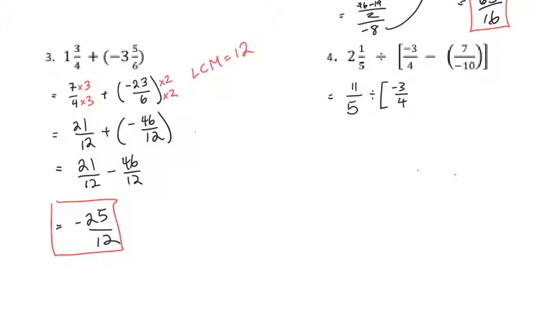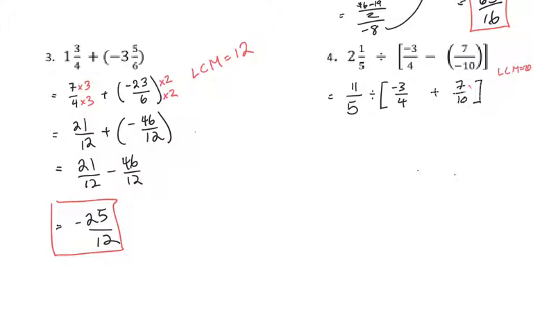You'll notice that we have a plus and minus in this complex here. We have a minus in this complex and a minus sign in between these two brackets. We can put these two together to get plus 7 over 10. Now, for inside the bracket, the LCM is 20.